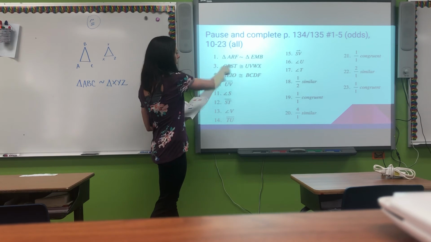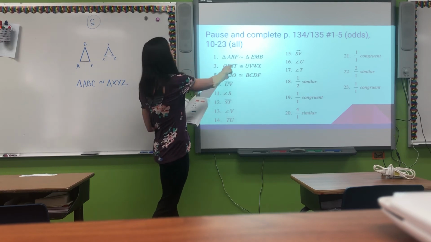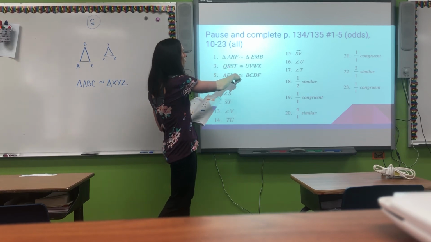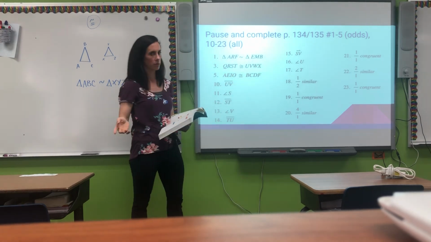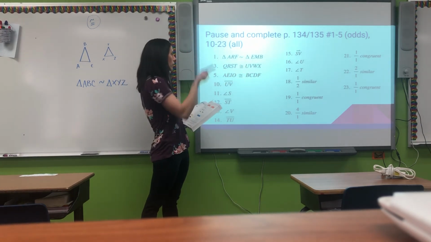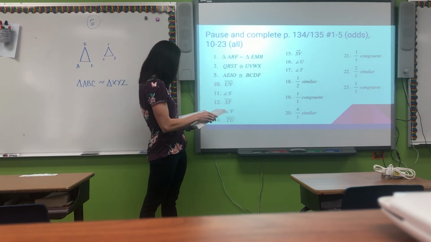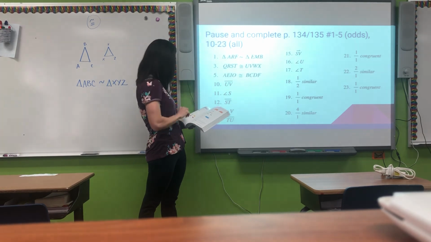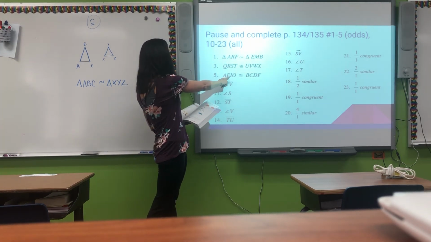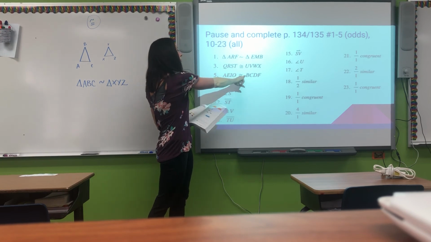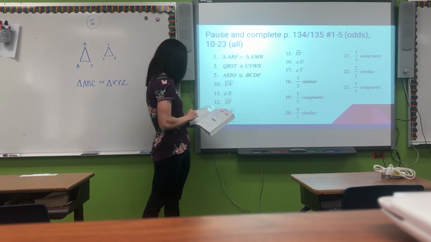Now these don't necessarily have to be listed in this order. It could say RSTQ is congruent to VWXU or something like that, okay? Getting all those letters in the right order is what matters, that you're just kind of going around the shape in order. Number 5, we've got a quadrilateral here. AEIO is congruent to BCDF.